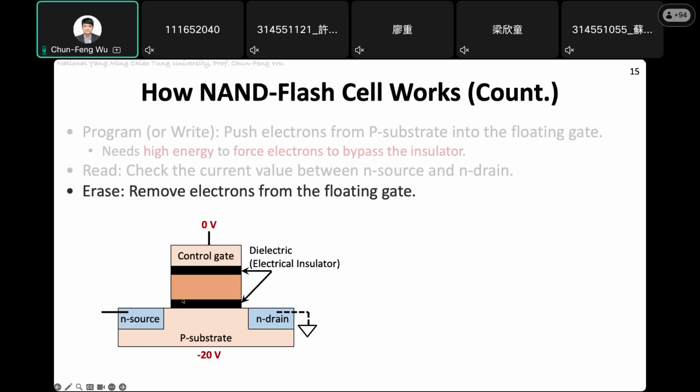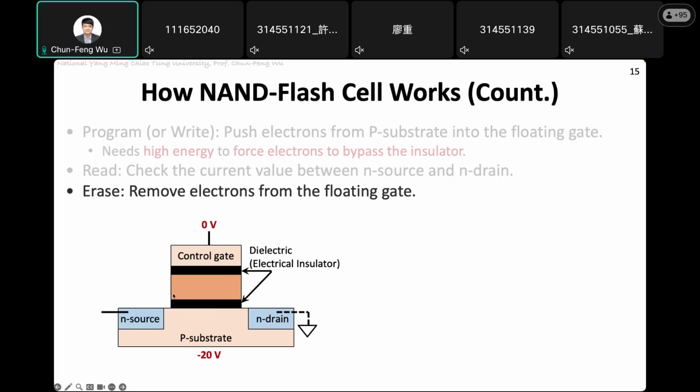You can think of the P substrate as a square panel, with a lot of control gates on top of it. So when you apply minus 20 to this P substrate, all the floating gate cells on this substrate range will get the same minus 20 volt.